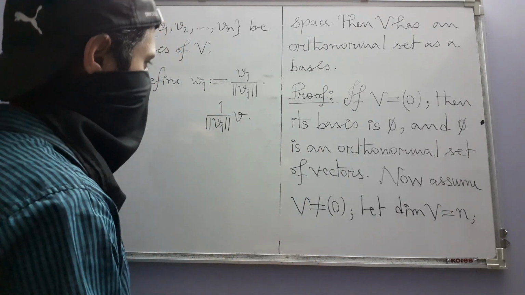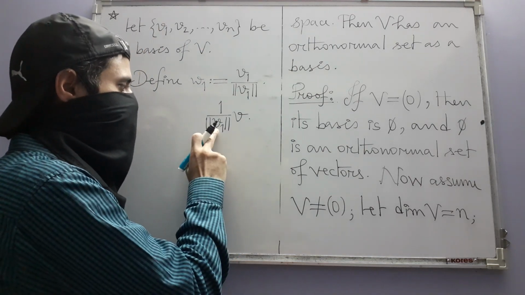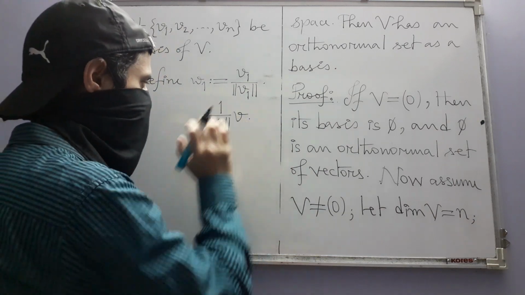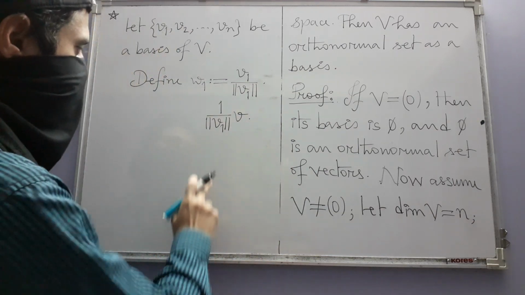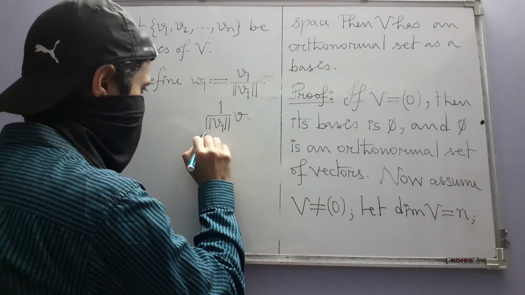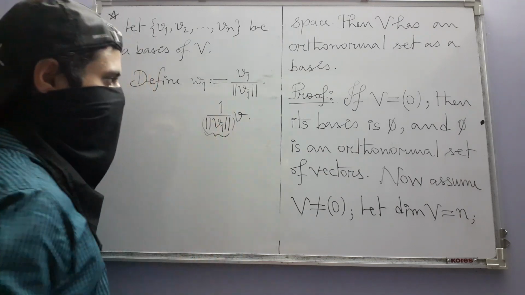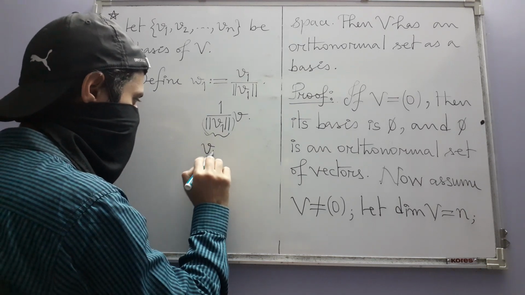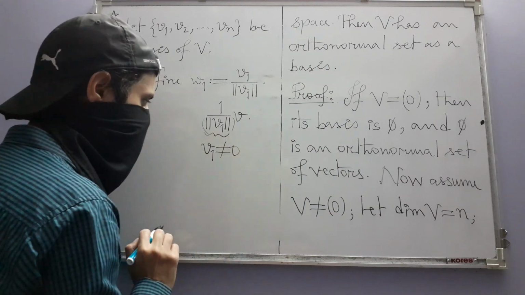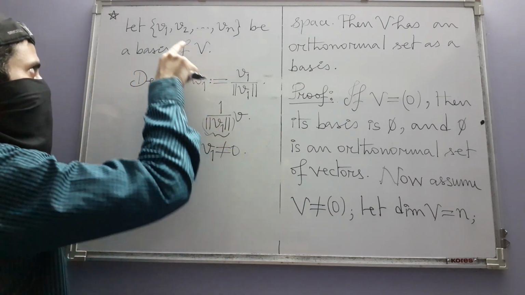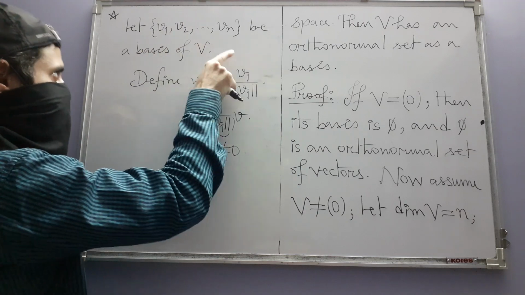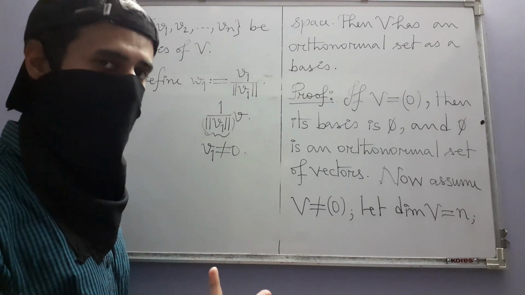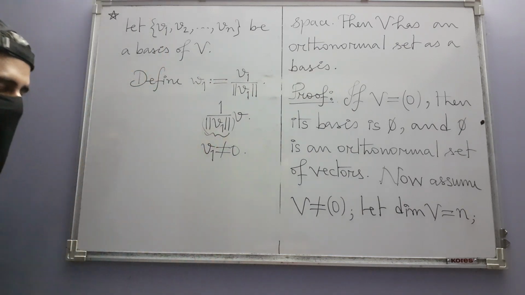And one more thing, how do you know that this is non-zero? You should also be careful about that, because otherwise it will be meaningless. The non-zeroness of this norm of v1, or the length of v1, comes from the fact that v1 itself is a non-zero vector, which in turn comes from the fact that this is a basis, and as such it's a linearly independent set, so it cannot have the zero vector in itself. So now we have to write these things.